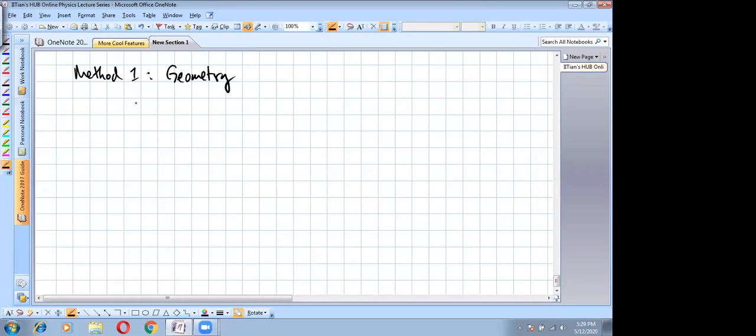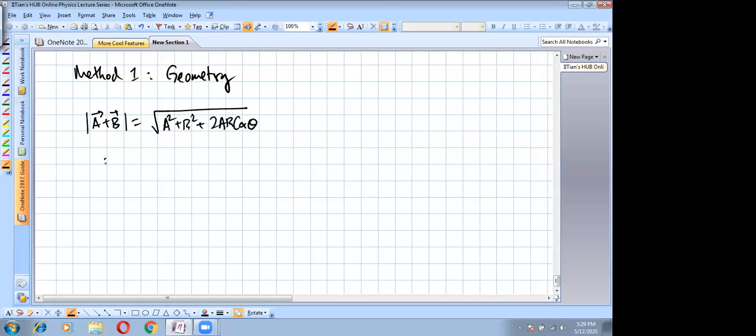So we'll look at mod of A plus B, which is equal to the square root of A square plus B square plus 2AB cos theta.